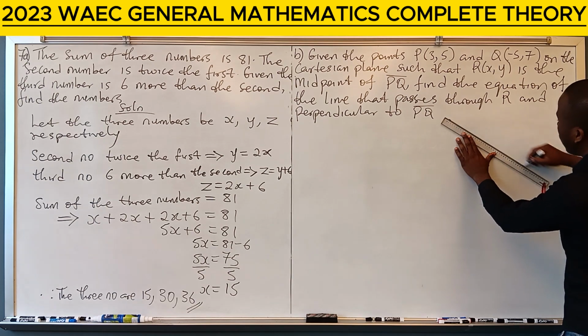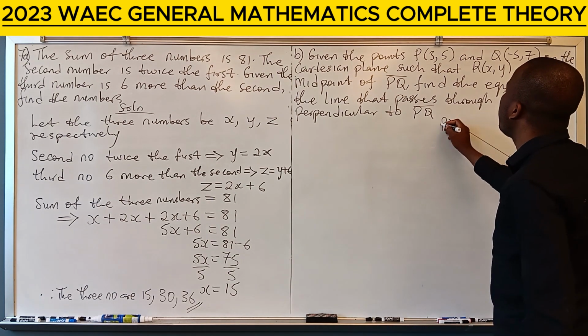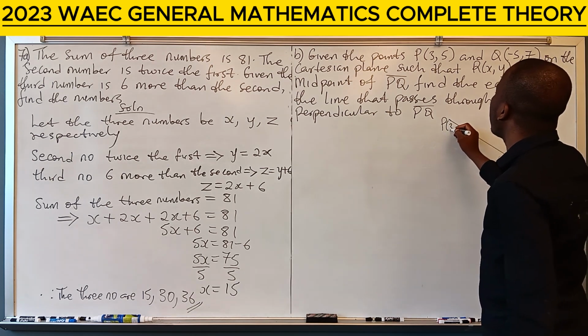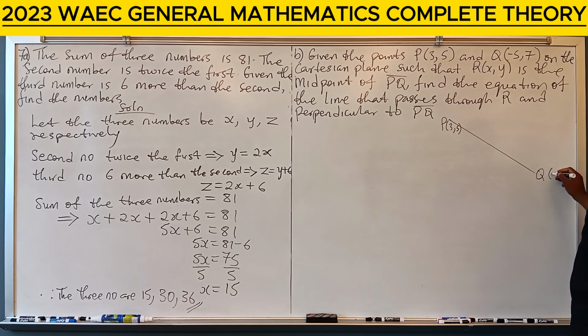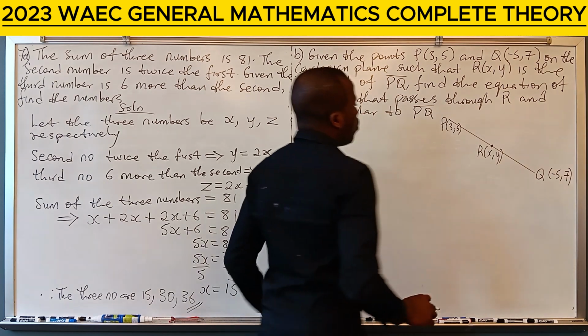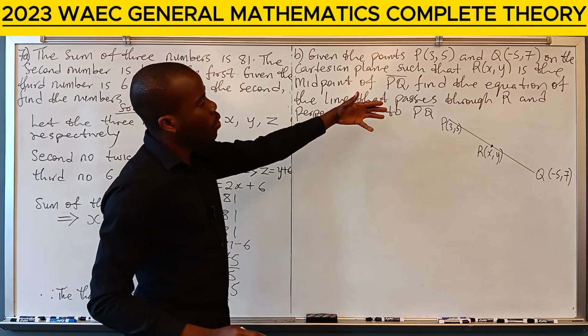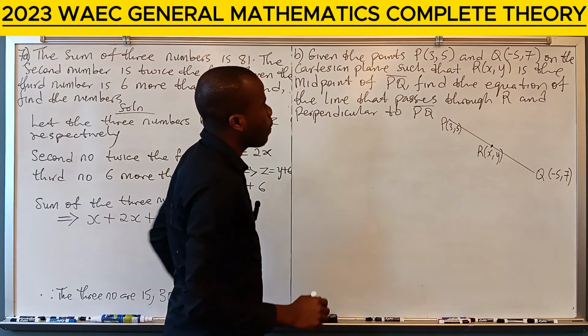So if this is the line and this is P, which is (3, 5), this is Q, which is (-5, 7), and this is R, which is (S, y). We will use the midpoint formula to find the coordinate (S, y).